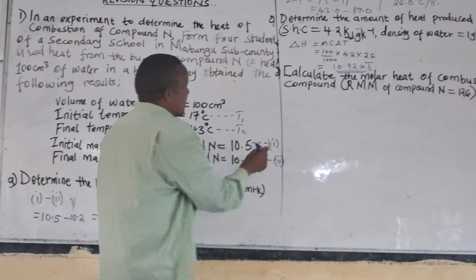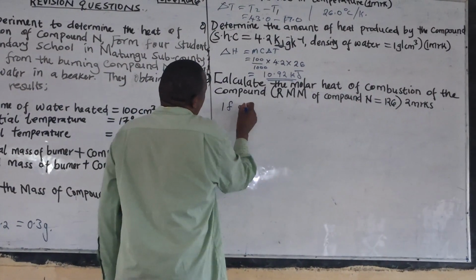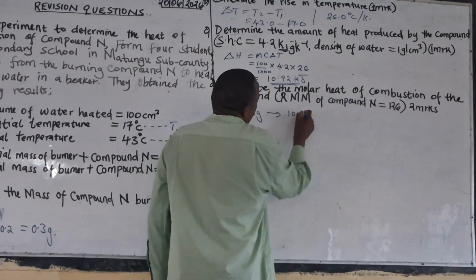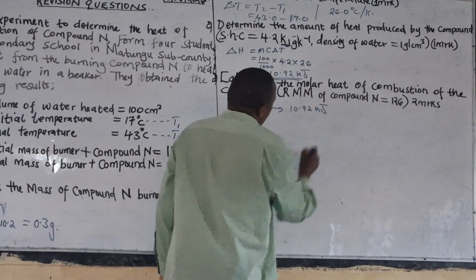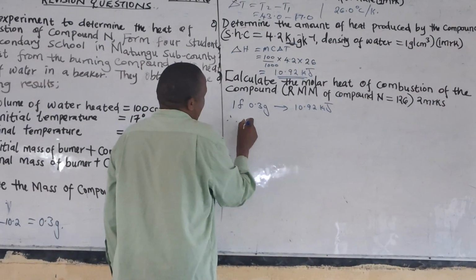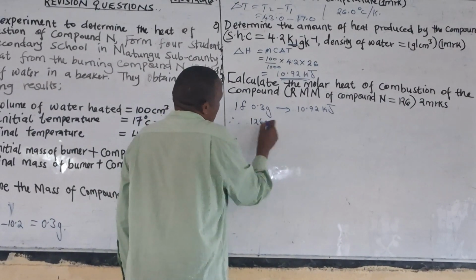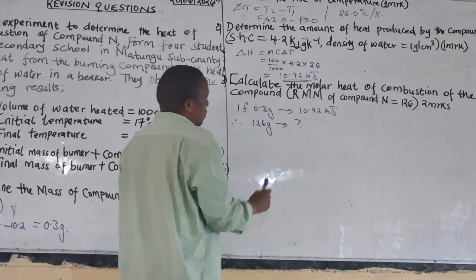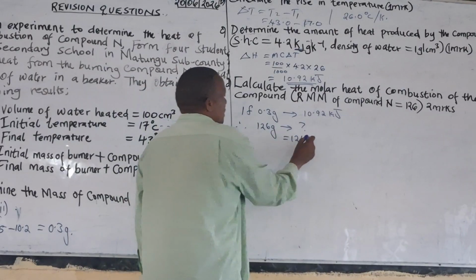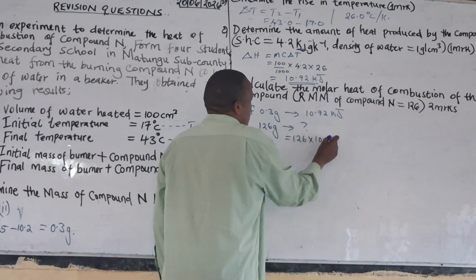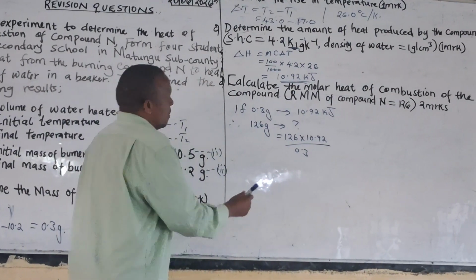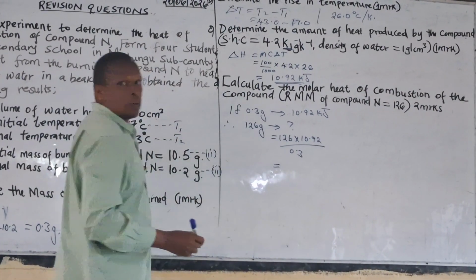So you just come directly and say, if 0.3 grams is giving us 10.92 kilojoules, what will the molar mass, which is 126 grams, give us in kilojoules? So this one is going to be 126 times 10.92, by cross multiplication, and then you divide by 0.3. What do you get?